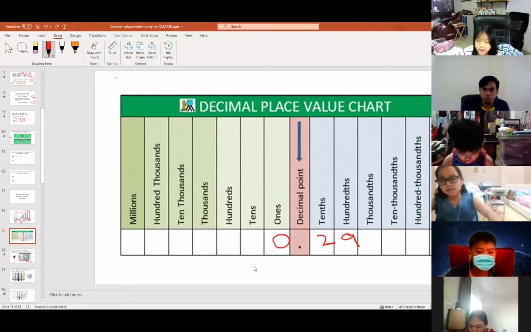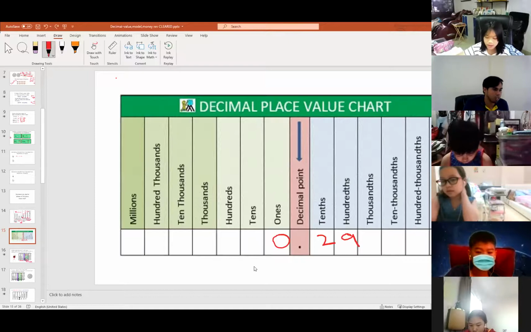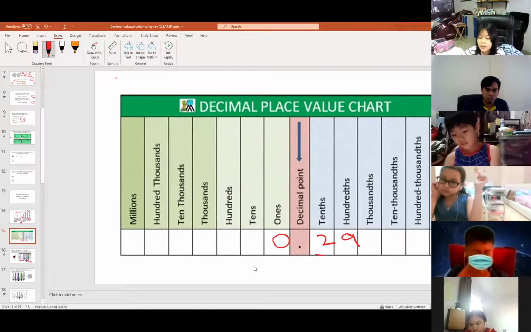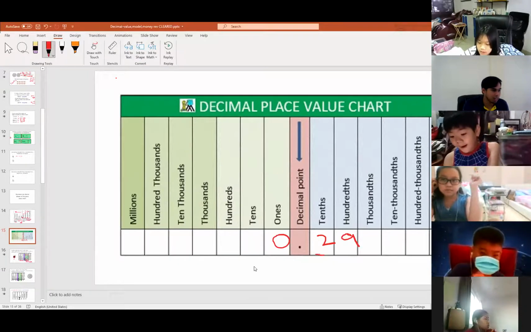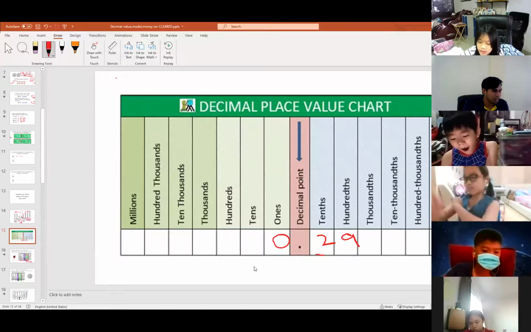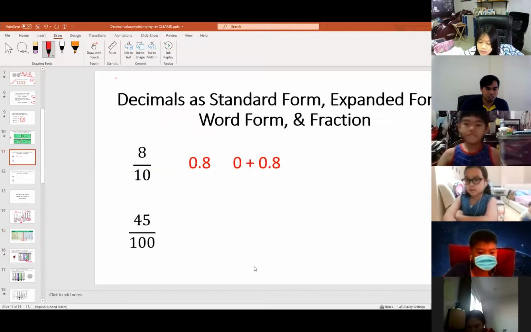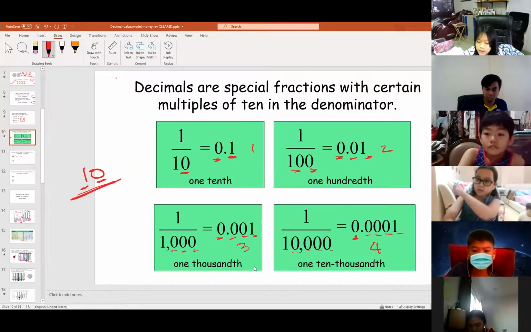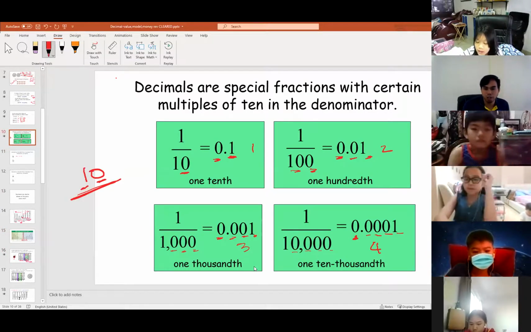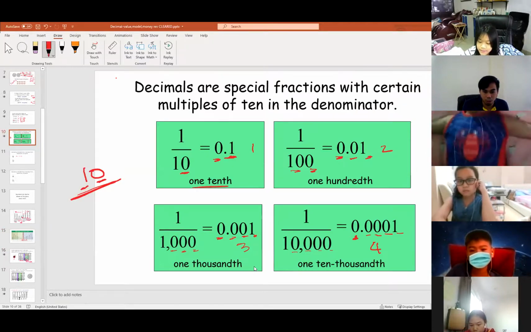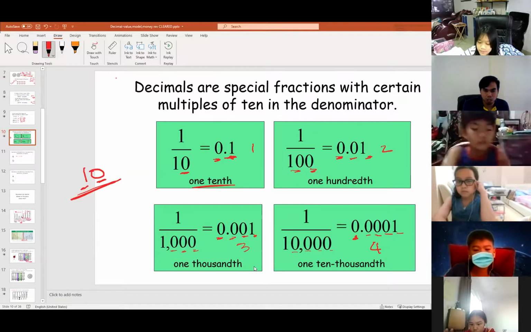In 0.29, what number is in the tenths place of the decimal number? 2. And then the hundredths is 9. So the reason why 0.1 is 1/10 is because 1 is in the tenths place.